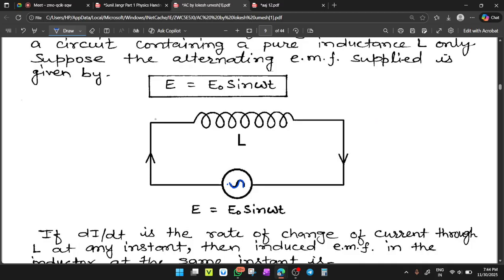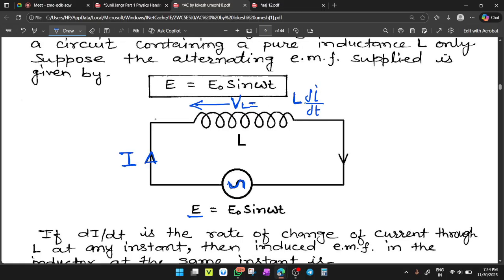We have applied an alternating source, so it will provide a changing current. Suppose this current equals I, and you know that with changing current the voltage developed across the inductor, VL, is given by L di by dt.